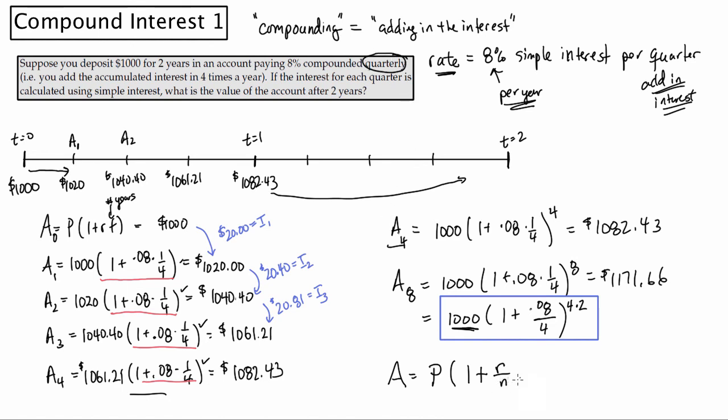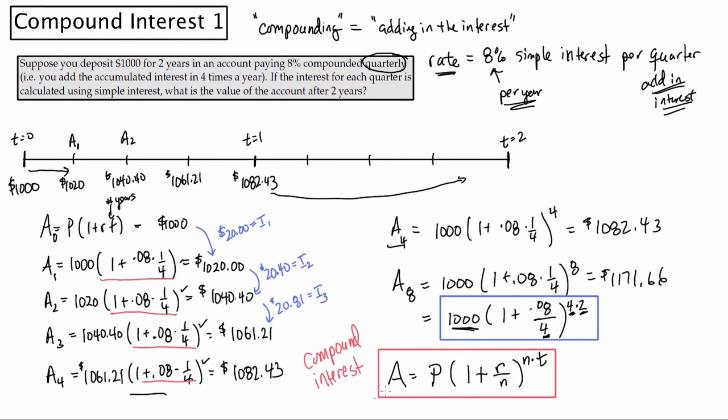So we give it the variable n, and I'll go back and talk about what n is in a second. And notice it also appears here. It appeared in both places. And then the 2 is the number of years that I'm doing this process for. What we have at this point is the formula we were looking for. This is called the compound interest formula.